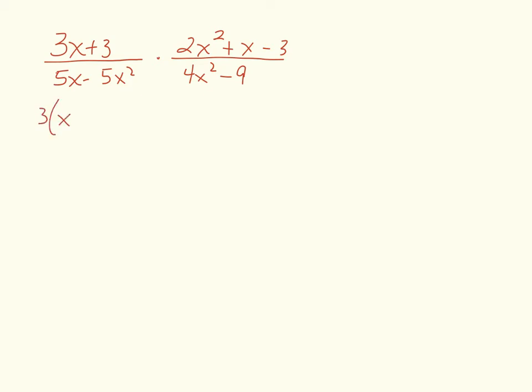So we're left with x plus 1 all over. Here we can factor out a 5x. And then we're left with what? 1 minus x times, now let's factor this other one.